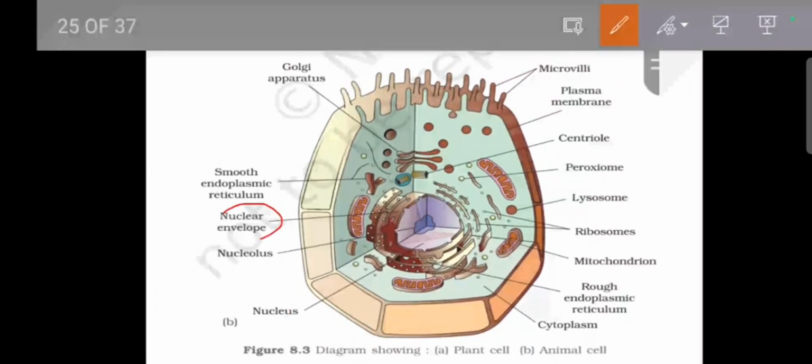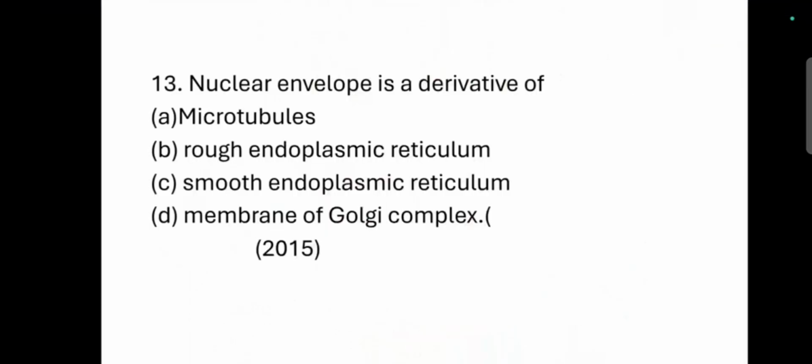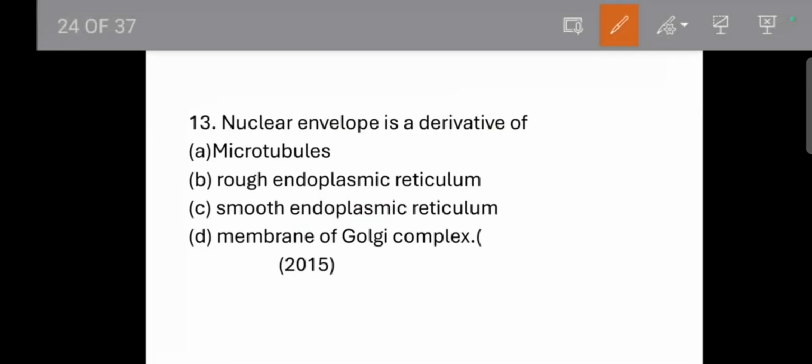This is the nuclear envelope and the rough endoplasmic reticulum is there. So these are derivatives of the rough endoplasmic reticulum. So this is the most important: the nuclear envelope is a derivative of the rough endoplasmic reticulum.